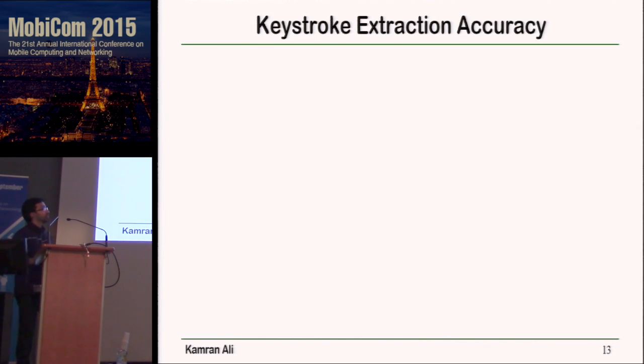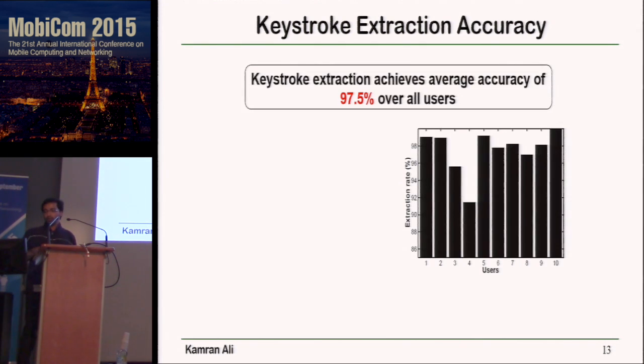So moving on to the evaluation. First of all, we will show how well our keystroke extraction performs. Our keystroke extraction algorithm performs very well, and it achieves accuracies of more than 95-97%, averaged over all of the users we collected the data from.